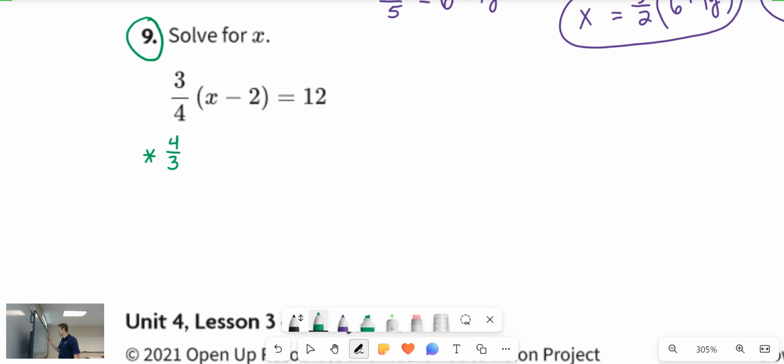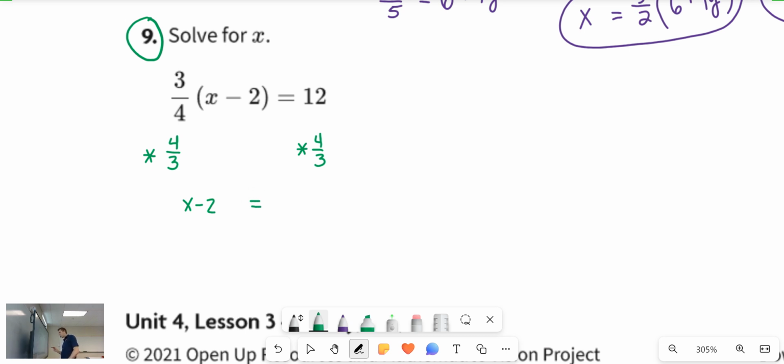So we're going to do that to both sides, times 4/3, because if we multiply 3/4 by 4/3, it'll become 12 over 12, which is just 1, so that's like it going away.